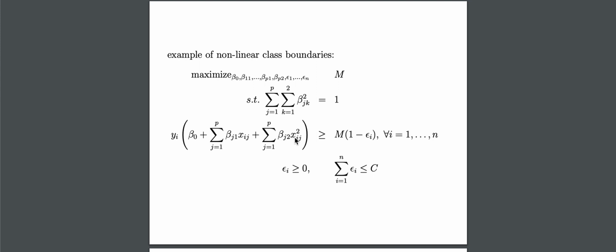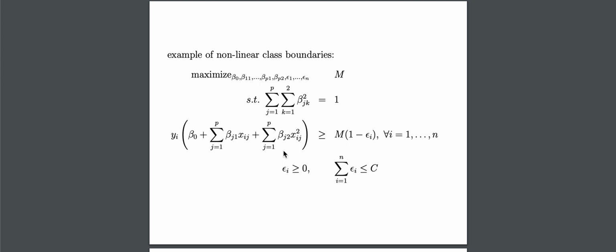So why does this lead to a nonlinear decision boundary? What we have done is we have enlarged the feature space. In addition to the features we have, we added these features which are the square of the original feature. So we are enlarging the feature space.